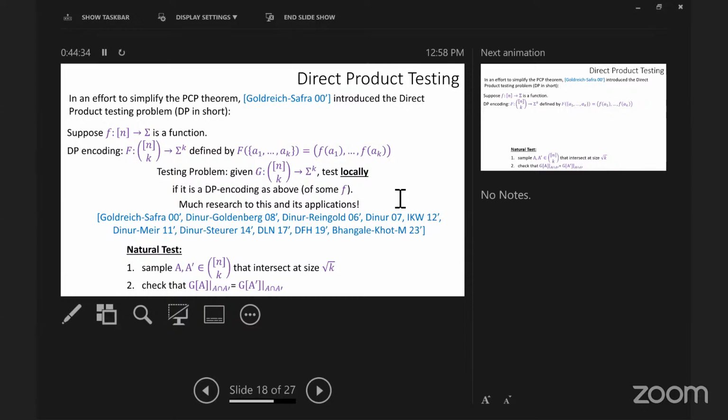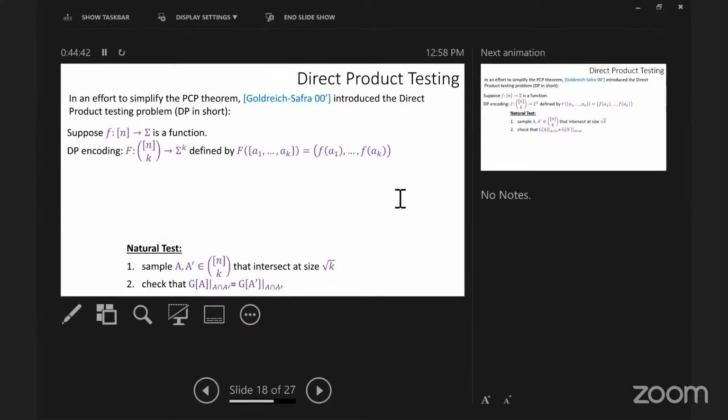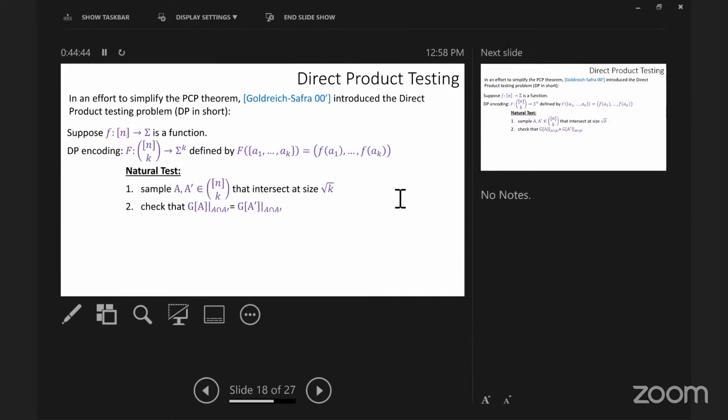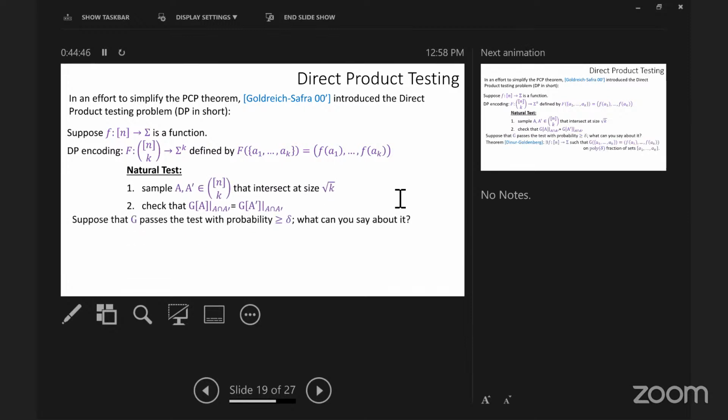Okay, that's the test. That's what I'm going to refer to as the direct product test. So it's clear that if you run this test on a legitimate direct product encoding, it's going to accept with probability 1, because it just comes from the same function little f.